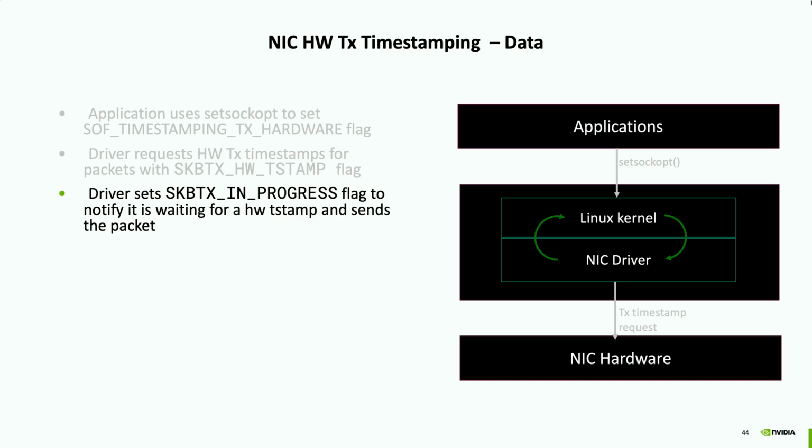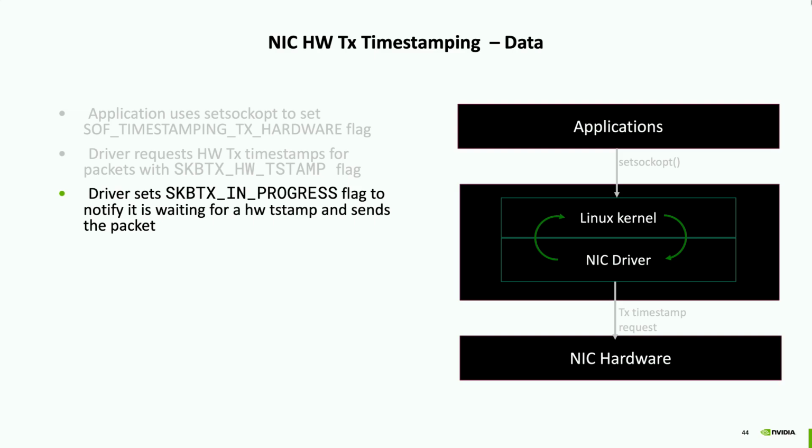This will cause the stack to not immediately just get rid of the packet and call it a day and return the software timestamp that will be generated by your driver if you actually support it in software. Because there is a fallback in software where you can generate the software timestamps in your driver.